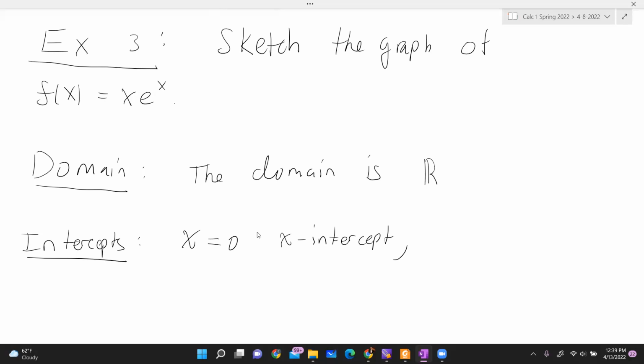And then the y-intercept, you find that by setting x equal to 0 and then evaluating the function. So y equals 0 is the y-intercept. So I guess you could just say that the point (0, 0) is the x and y-intercept.